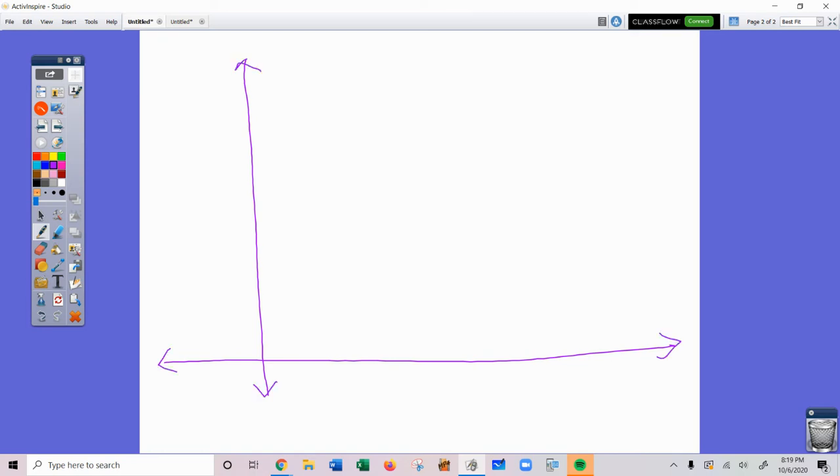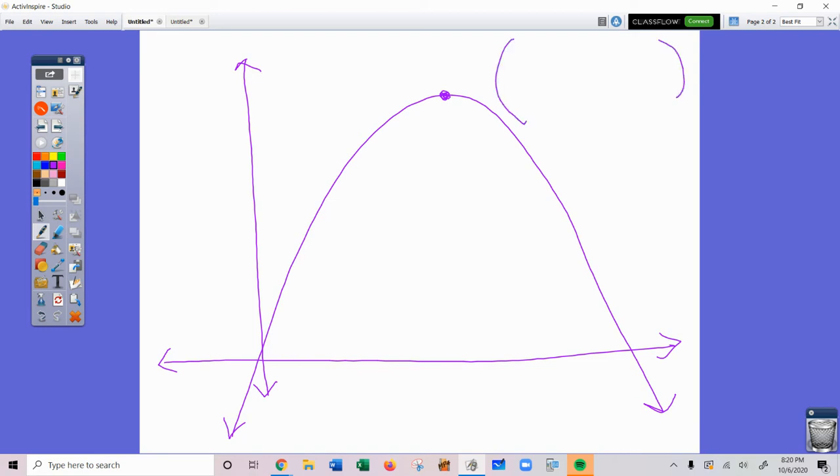Now, to get that maximum or minimum, to calculate the vertex, I'm just going to draw a picture of a coordinate plane, and we have a parabola graphed here. Mathematically, to calculate that maximum or minimum, to calculate that vertex, we're going to use a formula.